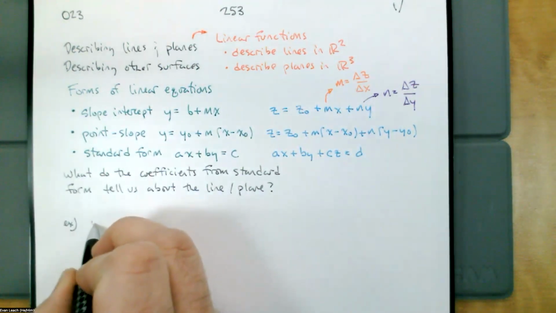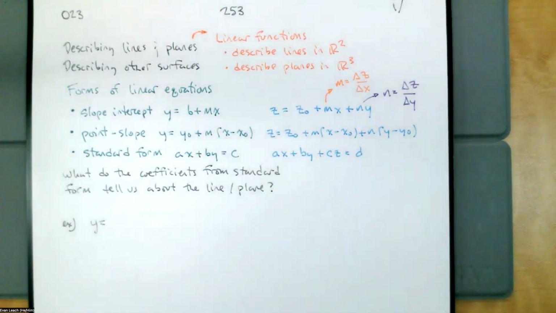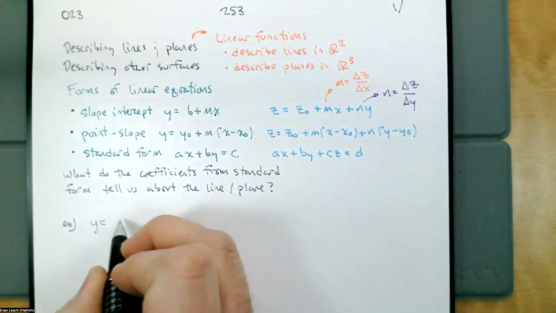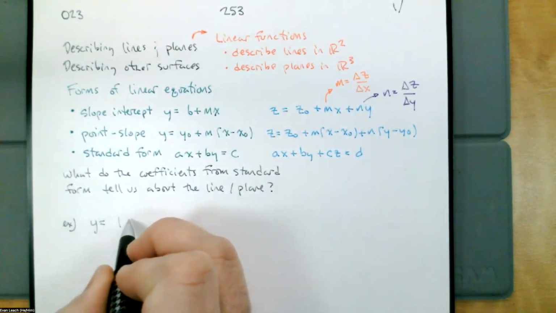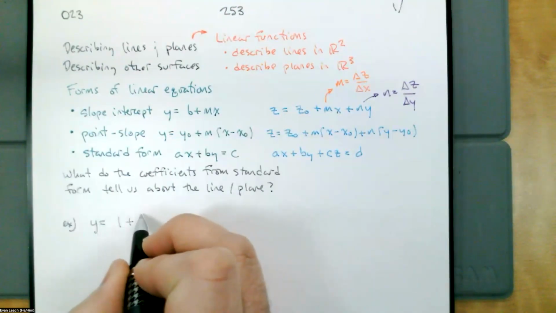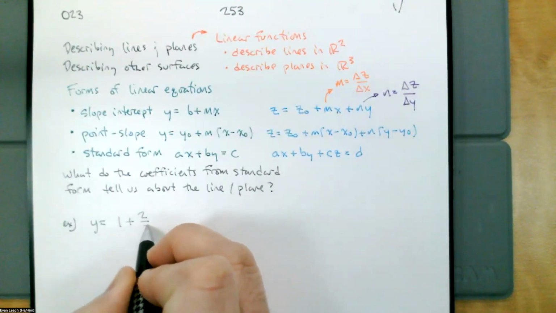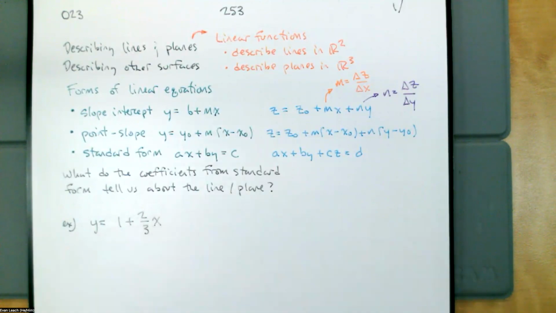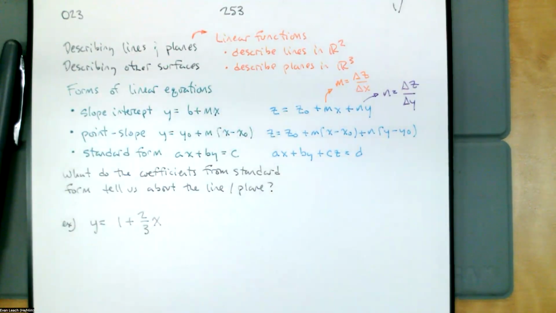I'm going to write, let's say y is equal to, let's just go with 1 plus 2 over 3x. The 1 is not really important. What we care about is the 2/3 x.